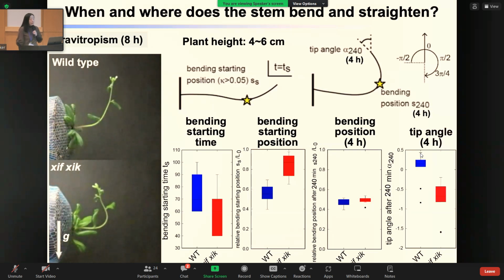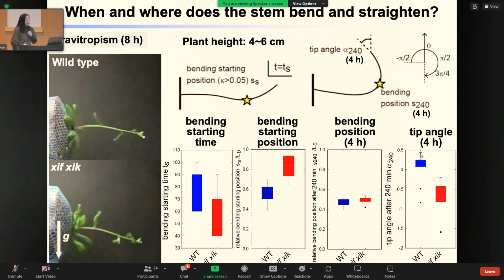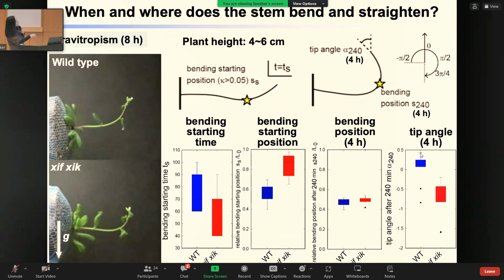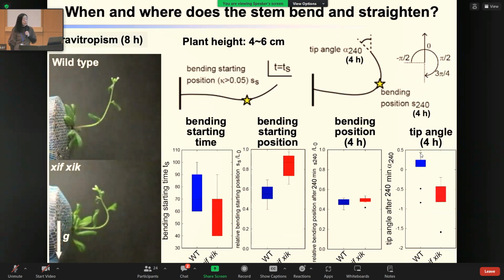To quantify when and where the stem bends and straightens, we defined a few characteristics. The time required to begin bending was shorter in the mutant. That is, the mutant stems started to bend before the wild type did. The initial condition of the stem was approximately horizontal.